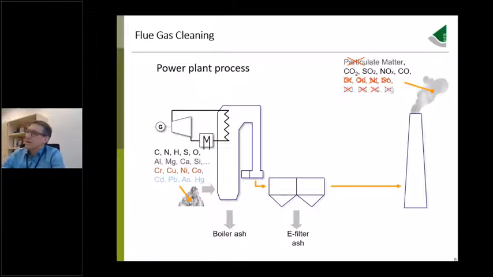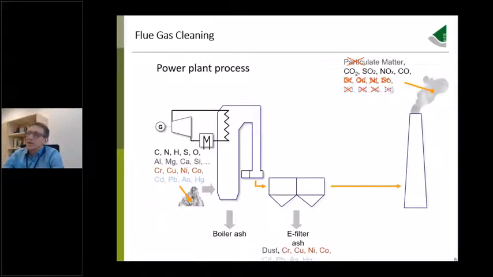So keep in mind, with the particulate matter, depending on different heterogeneous and homogeneous reactions in the furnace, but also downstream the furnace, we remove trace elements with the particulate matter.